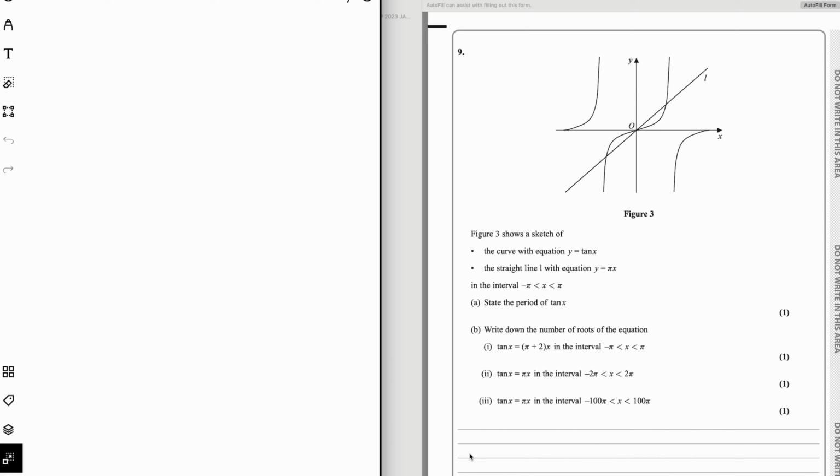Now pi plus 2x will meet the y equal to tan x curve at 3 points, like L. You see, L equal to pi x intersects at 3 places: the third quadrant, the origin, and the first quadrant.